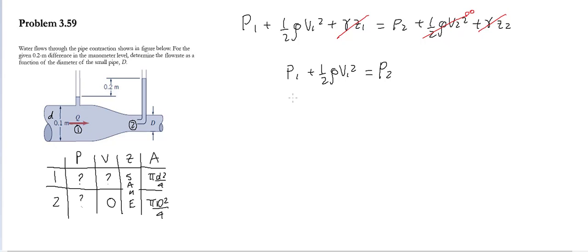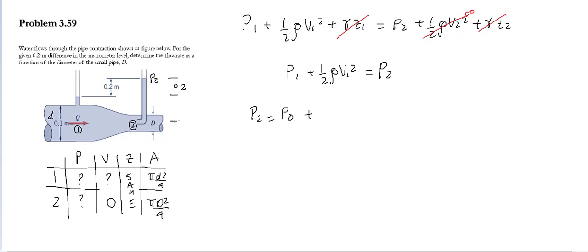We cannot apply continuity because one of the 2 points in question has a velocity of 0. So the only thing that we could do is evaluate hydrostatic pressure. We're going to call this point 0. So P2 is going to be P0 plus this distance from here to here, and if you see, this distance is 0.2.